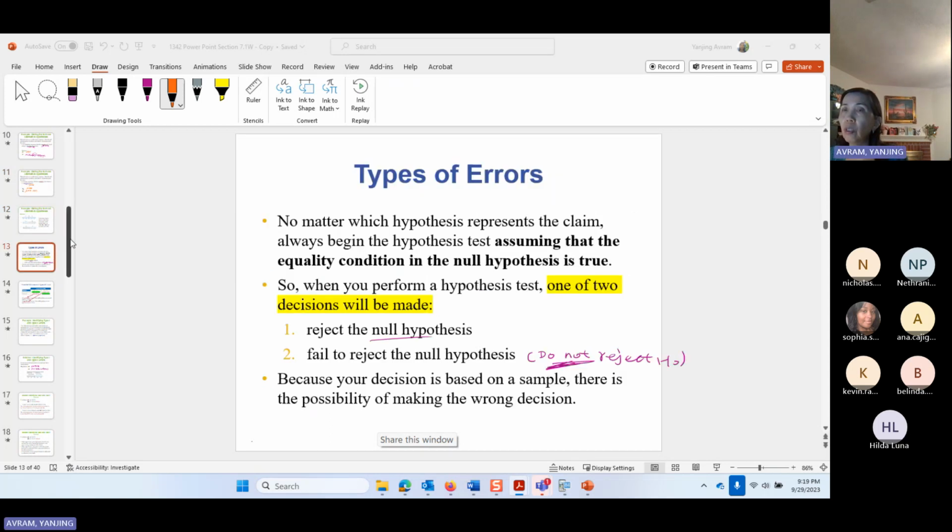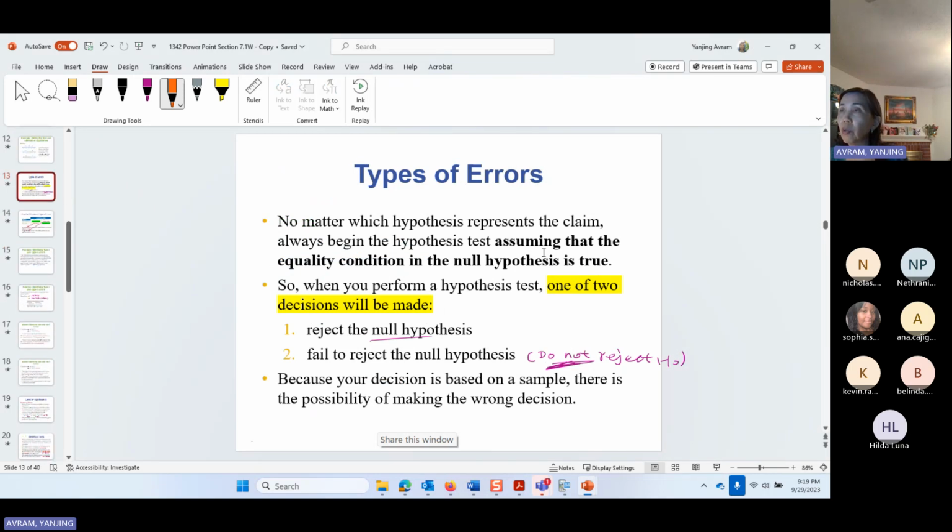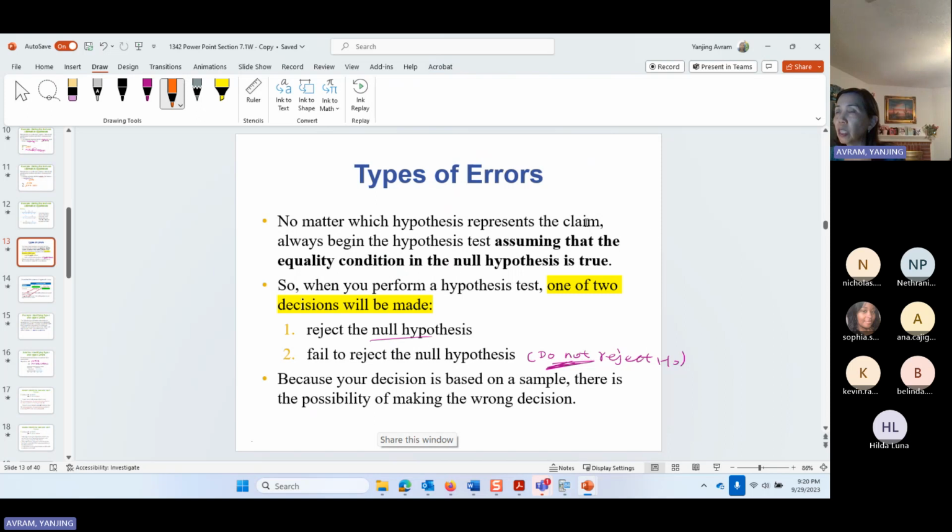Okay, so when we talk about the hypothesis, we always involve two types of error. That's why I said the concepts in this chapter are a little bit more involved. No matter how the hypothesis represents the claim, we always begin the hypothesis test assuming that the equality condition in the null hypothesis is true.